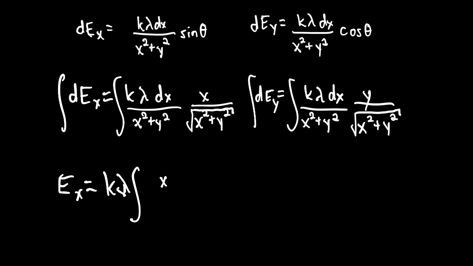So this is x times dx over x squared plus y squared to the 3/2. So there's my x. Comes right down. x squared plus y squared times the square root of x squared plus y squared, x squared plus y squared to the 3 halves. Thank you.